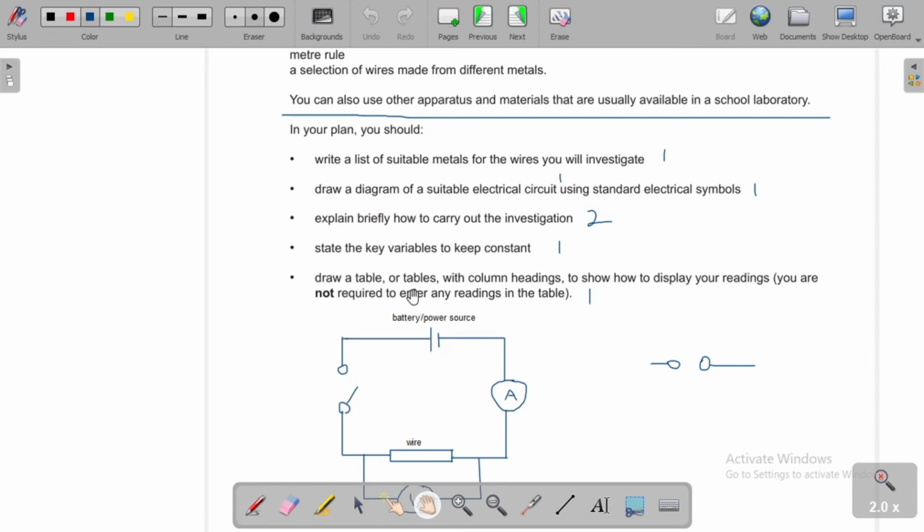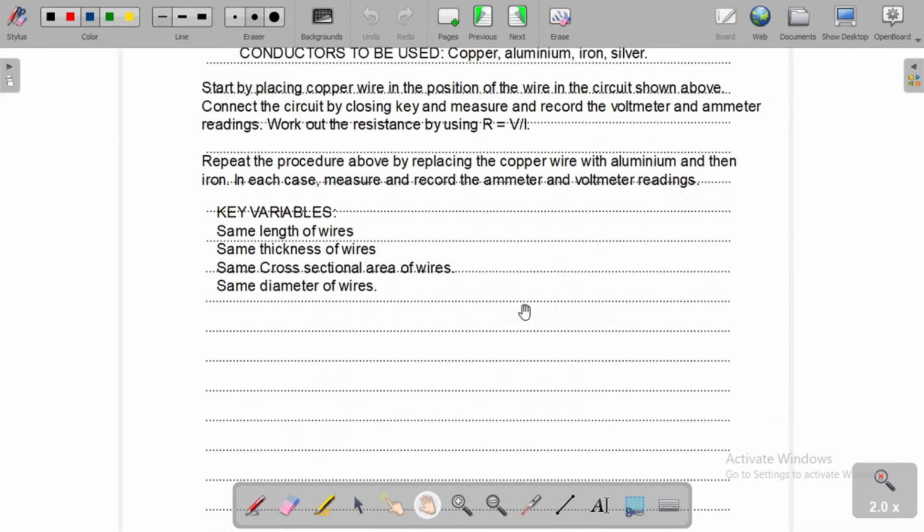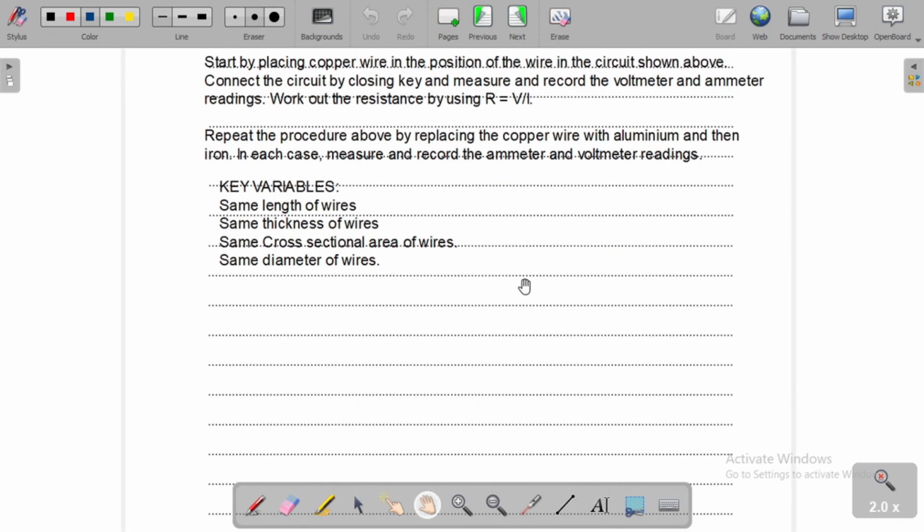Okay, draw a table or tables with column headings to show how to display your readings. You are not required to enter any reading in the table. Okay, let's look at our table. We need to look at what we measured and recorded. I have a table like this.